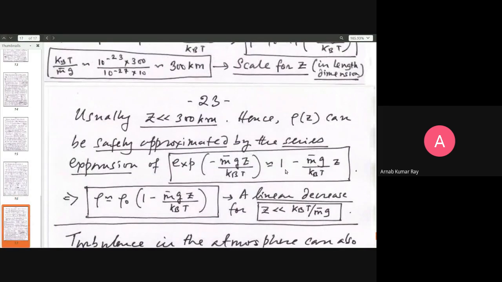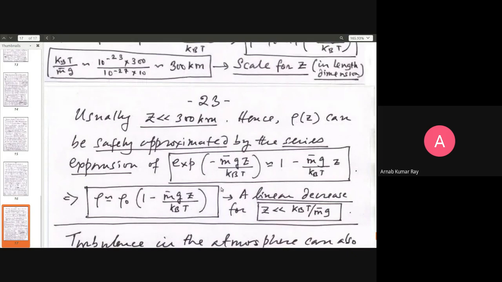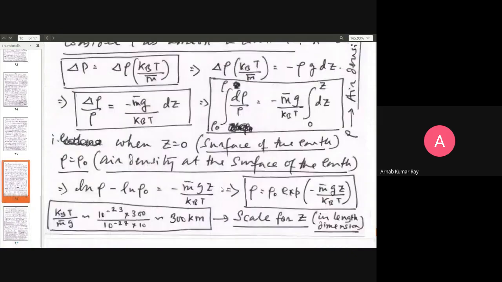Then you can approximate this density function by a linear formula: rho is equal to rho naught times 1 minus m bar g z by kbt. This approximation holds good when z is very much less than kbt by m bar g. In that case, in the series expansion, the higher powers can be neglected. So that is the way the density varies.